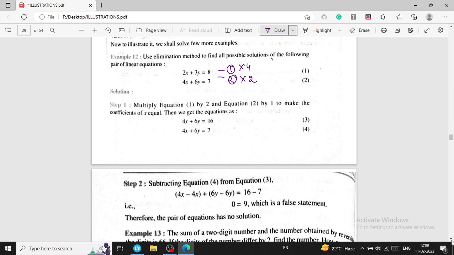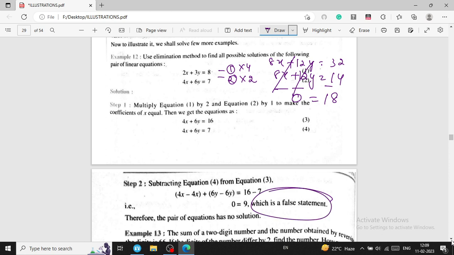You will get 8x plus 12y is equal to 32, and 8x plus 12y is equal to 14. You can see both the variable terms will be finished, equal to 0, and 32 minus 14 remains. This is not possible, so we can say this statement is a false statement. The pair of equations has no solution.